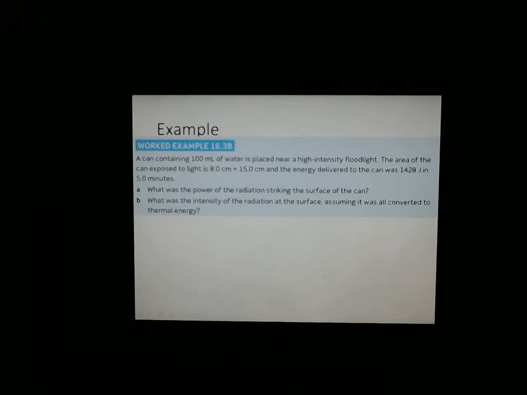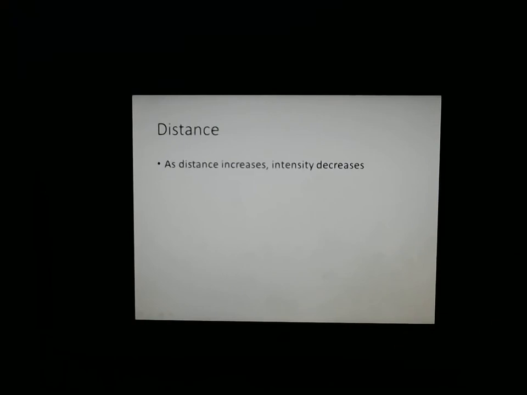As we said at the start, you move further away from a source, you move further away from your heater, the intensity of the radiation or the intensity of the energy being delivered to you gets less. So it must be proportional or inversely proportional to distance or radius. But the question is, we've got two of these. Is it inverse or is it inverse squared?